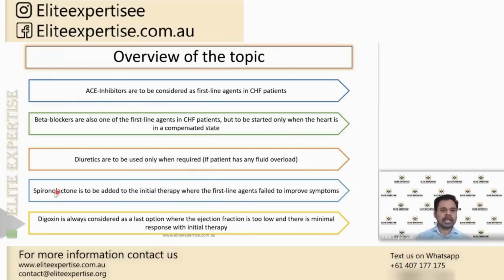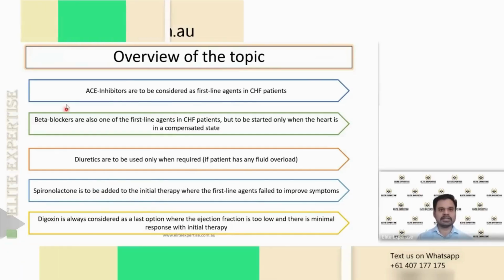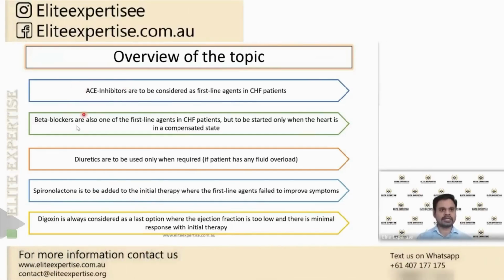Then spironolactone. Spironolactone is an aldosterone antagonist, okay? And it is also a potassium-sparing diuretic. So spironolactone is to be added to the initial therapy, the combination of ACE inhibitor and beta blocker therapy, where the first-line agents fail to show improvement in symptoms.